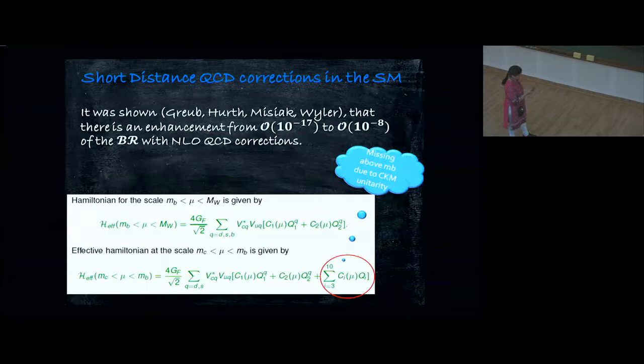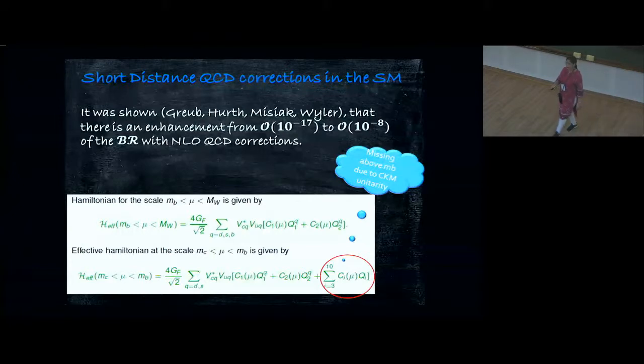So once you start with the W scale, you do the matching of the full theory to the 5-flavor effective theory, and then you do your RG evolution, running down to the b scale. Once you come to mb, you have to match the 5-flavor theory to the 4-flavor theory and integrate out the b quark now. So once the b quark is integrated out, of course I can have these additional operators.